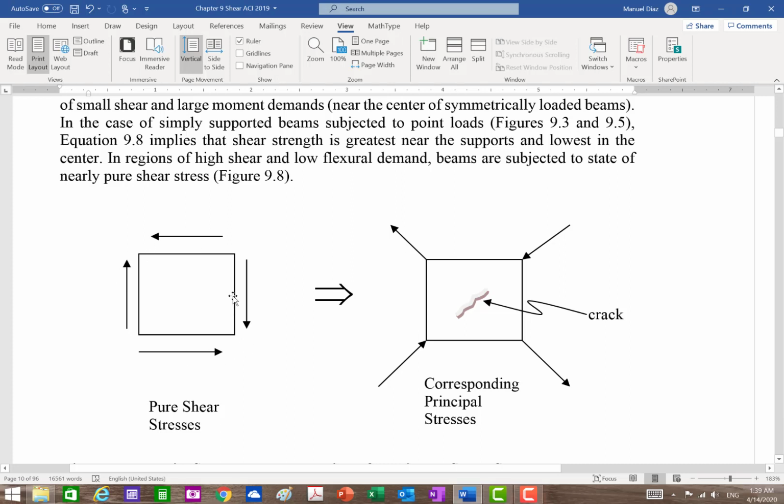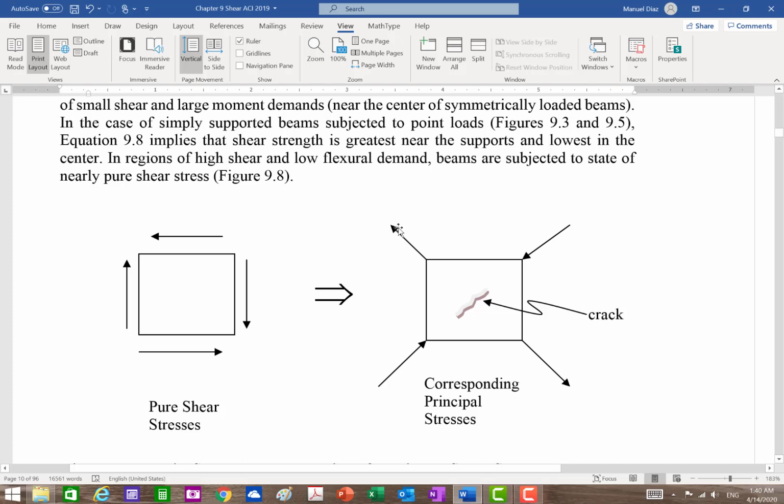And then you apply Mohr's circle. Oh gosh, Mohr's circle, right? You apply Mohr's circle, and now you get your principal stresses, and there is a tension stress at 45 degrees from this plane. Notice that these two forces point out and go that way. You pick the two corners and you pull it.